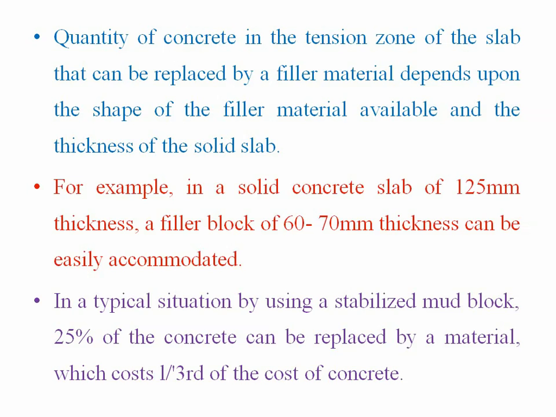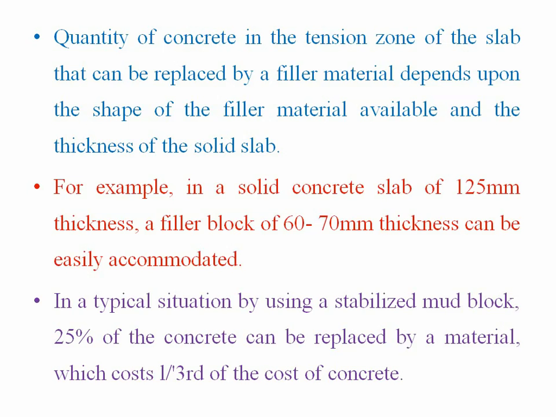The quantity of the concrete which you are going to replace by using filler material will depend on the shape of the filler material available and the thickness of the slab. Depending on these two points, the quantity of concrete will be replaced.